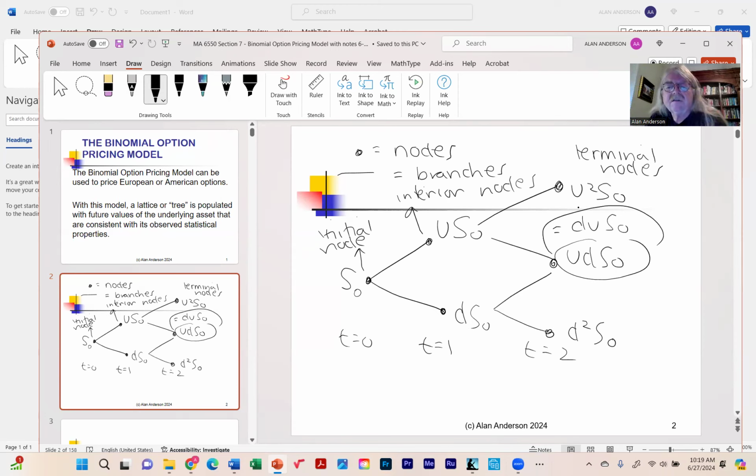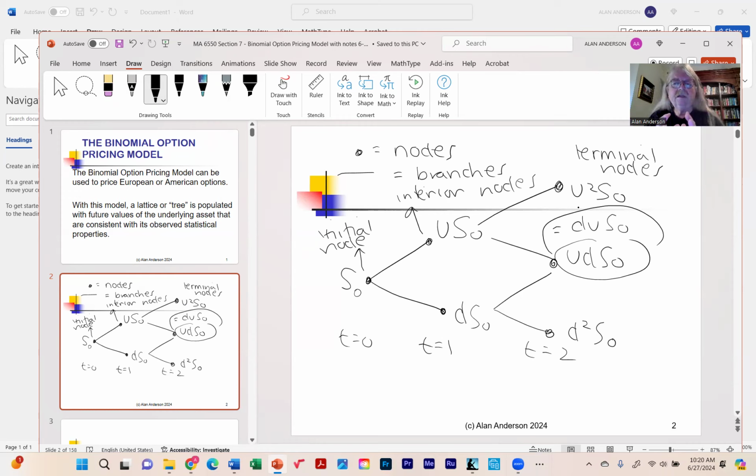So a couple of things to note here. First of all, the d and the u never change. They're constants. Now, they were derived, as we'll see, from the volatility of the asset price. And also what's interesting is that if we go up and then down, it'll bring us back to the same point as if we go down and then up. Now, in later models, that's not always true.